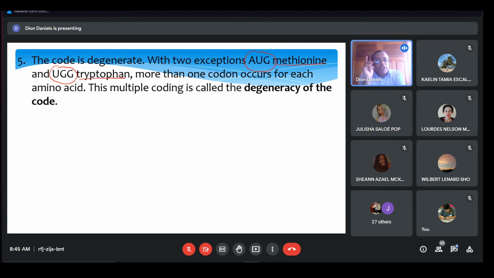So with the exception of these 2, more than 1 codon occurs for each amino acid. This multiple coding is called the degeneracy of the code. All right, so the degeneracy of the code has to do with multiple codes coding for the same amino acid.